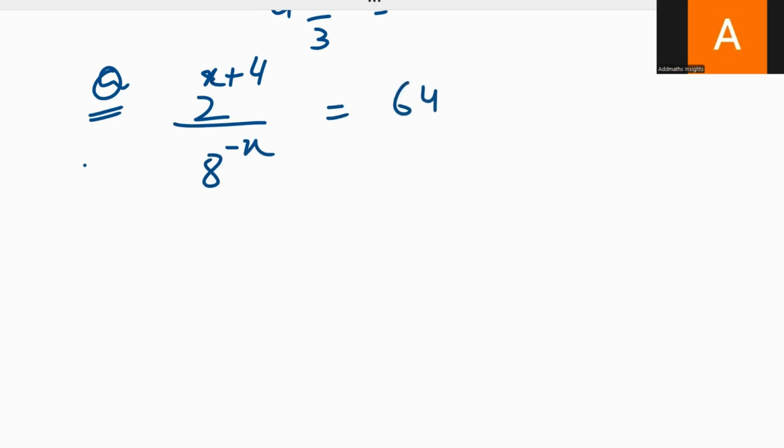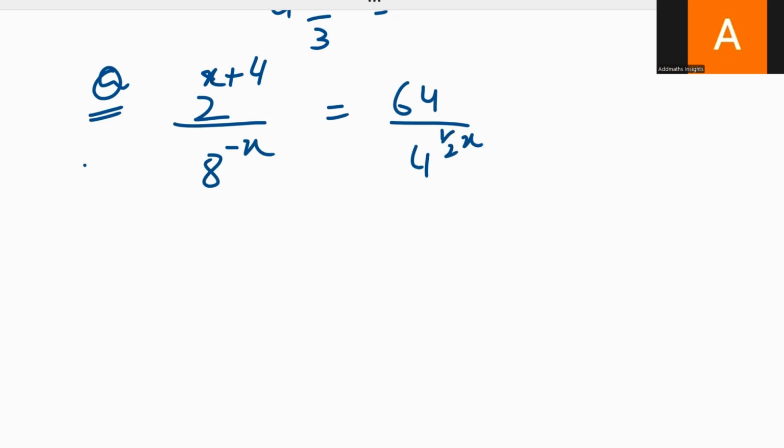A question, for example, is 2 to the power x plus 4 divided by 8 raised to the power minus x is equal to 64 over 4 raised to the power 1 by 2 x.